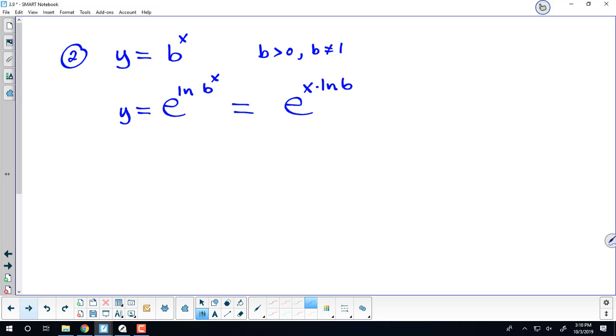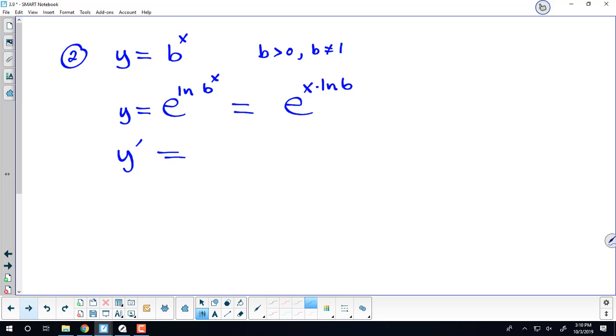So if we can write it like this, the property of logarithms allows us to look at it indirectly. Instead of taking the derivative of b to the x, we'll take the derivative of e to the x ln b. So what is the derivative of e to the x ln b? That's just the derivative of e to a power.